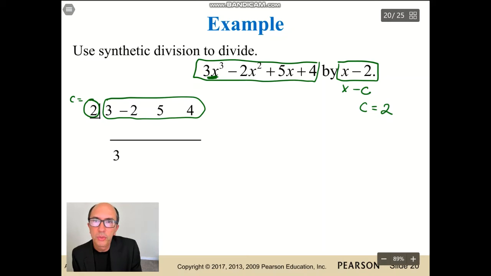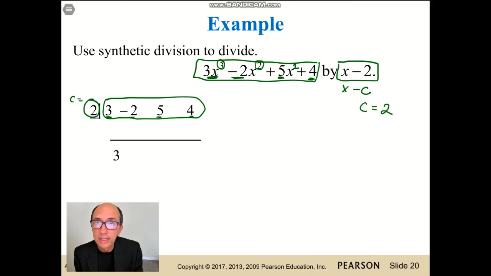And we have here 3, -2, 5 and 4, because you have all the sequence of exponents here: exponent 3, exponent 2, exponent 1 and exponent 0. Okay, so that's how we organize the synthetic division method.